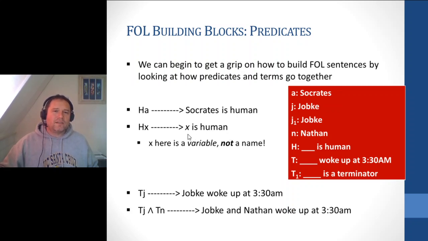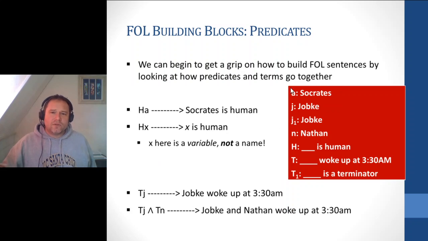And note importantly in this case, in this symbolization, x is a variable and it's not a name. So this is kind of standing in as a pronoun. We're going to do some things with variables once we get quantifiers, but it's helpful just to see the basic unit. A predicate and a term is our basic unit of FOL. This is our replacement for an atomic sentence.